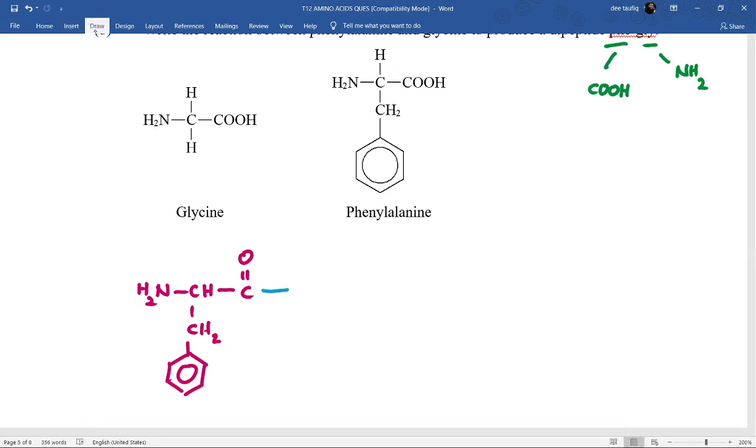And then we draw our glycine. For glycine we modify the NH2. So NH2 will become NH only. One of the hydrogens is removed together with the OH from the carboxylic acid. This one is CH2 and then we have COOH. Right? And the blue color is our peptide bond.